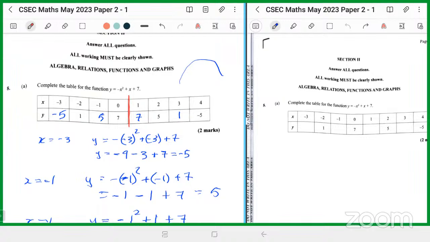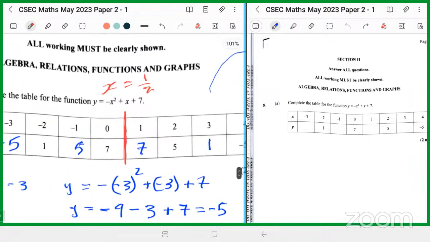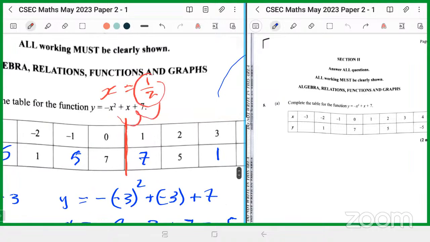So I know off the bat that the line of symmetry is the value halfway between 0 and 1, which is a half. In this case, my axis of symmetry, without calculating anything, is going to be x equals a half. And my maximum value I can get by substituting the half in the function. I can show you that my x value at the turning point is going to be a half if I use the formula -b over 2a.